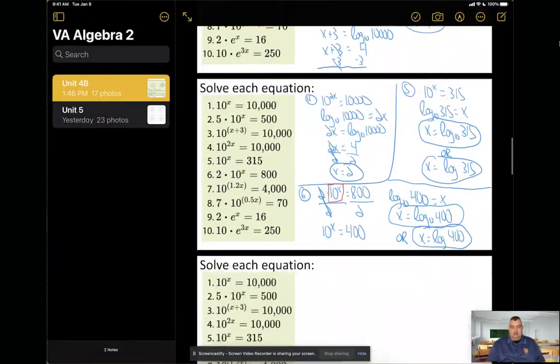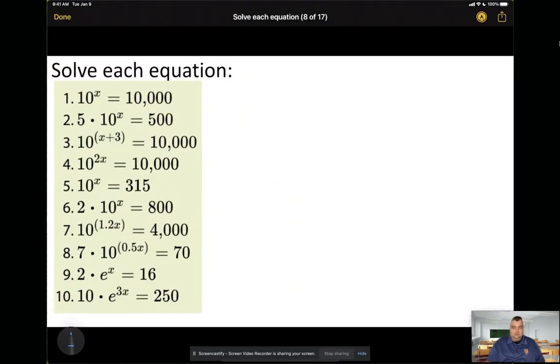Let's take a look at number 7 now. Number 7 is 10 to the power of 1.2x equals 4,000.